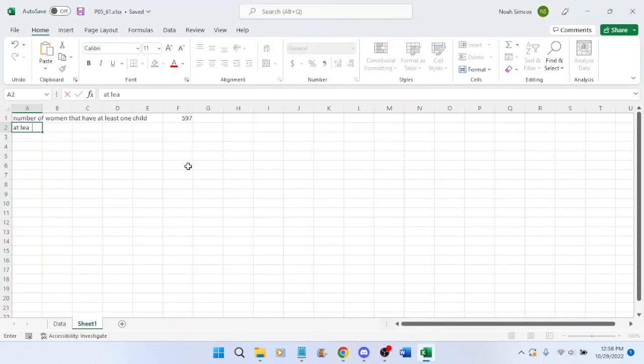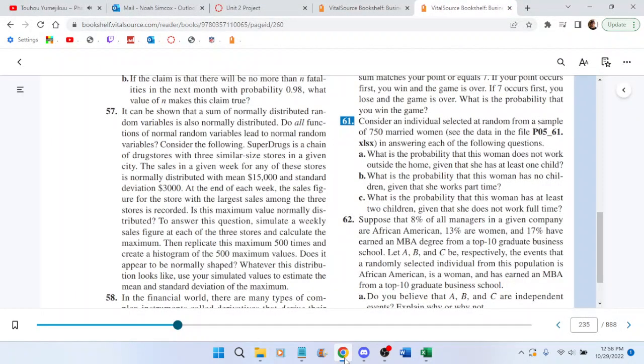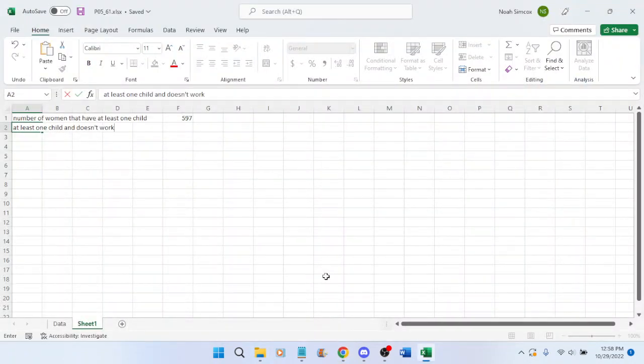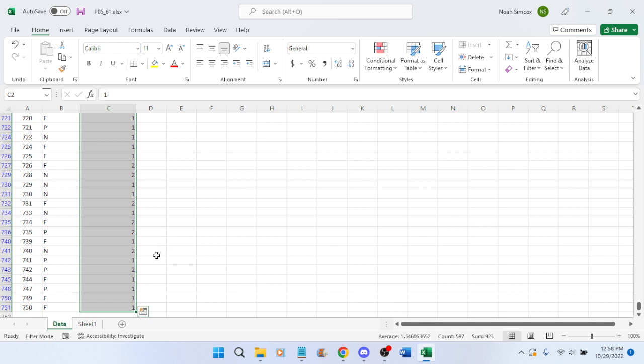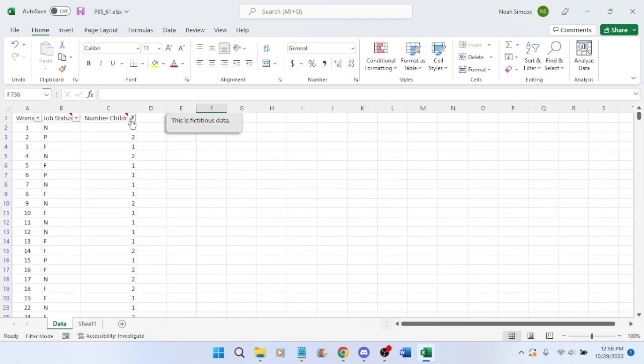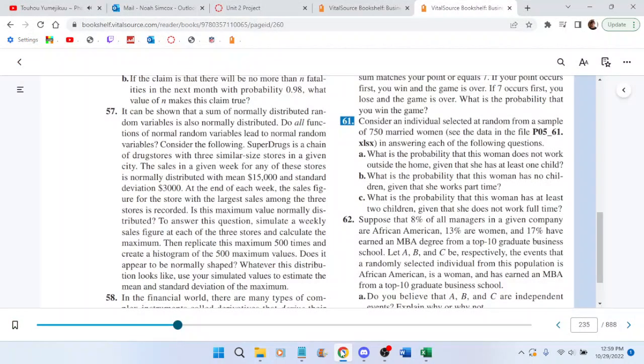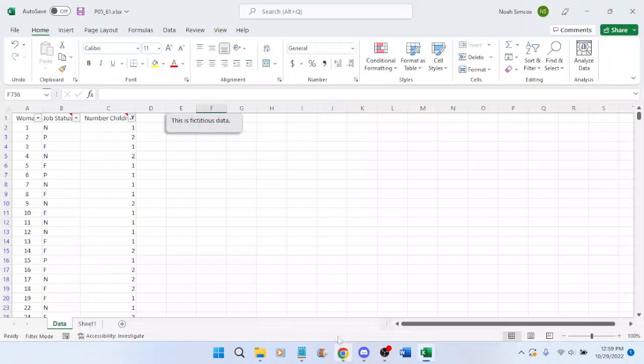At least one child and doesn't work outside the home. So, at least one child and doesn't work outside the home. So, now we do another filter. We have already selected this one. We want to select the job status. Does not work outside the home.